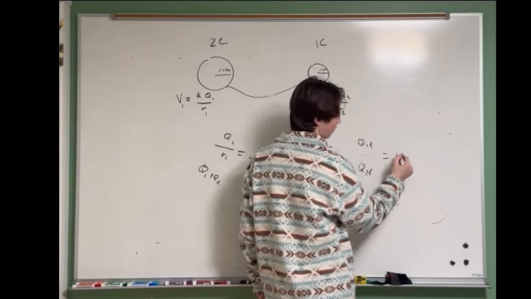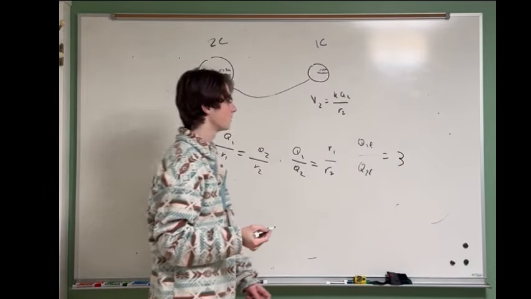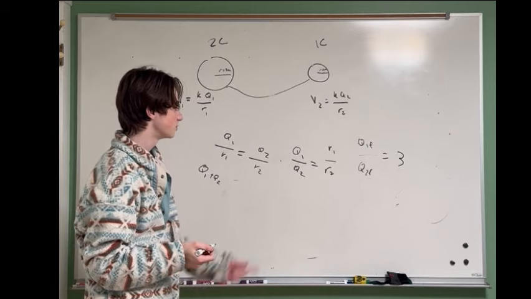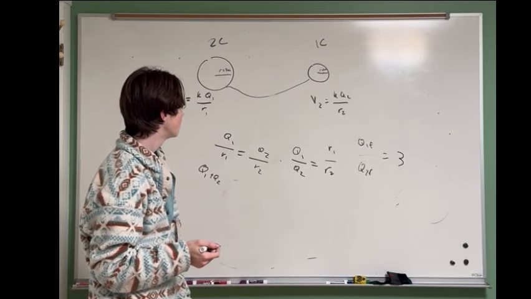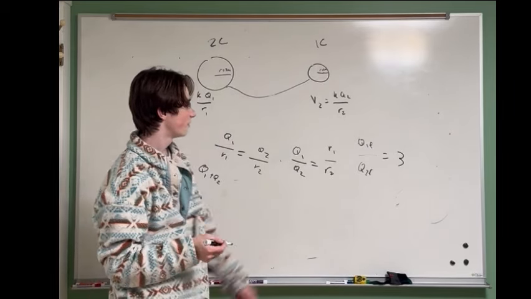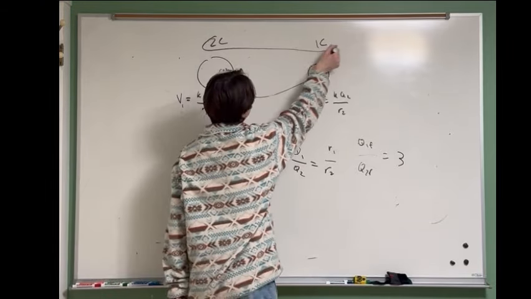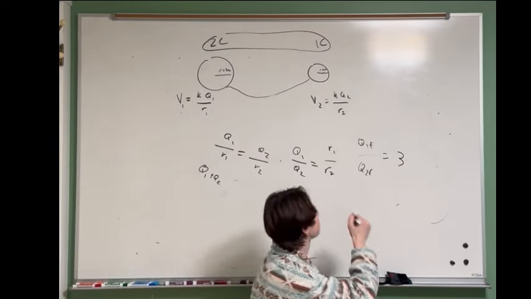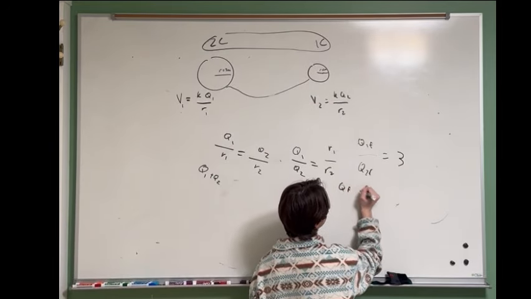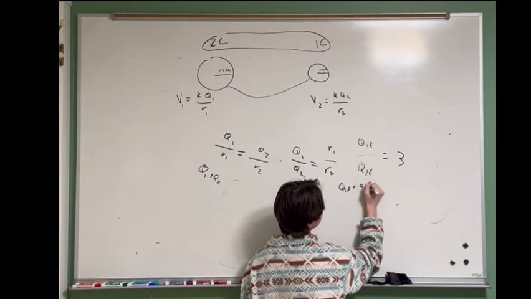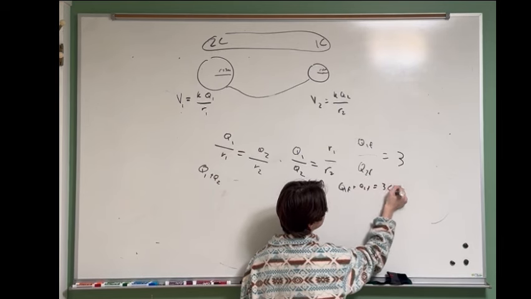So 3 meters over 1 meter, which is just equal to 3. Q1F over Q2F equals 3. And then we know that Q1F plus Q2F is also equal to 3 coulombs, because we add up these together.